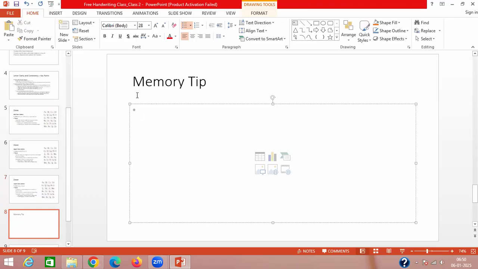Today's memory tip is, as soon as you get up in the morning, after you are fresh, before opening your book, list down the points.